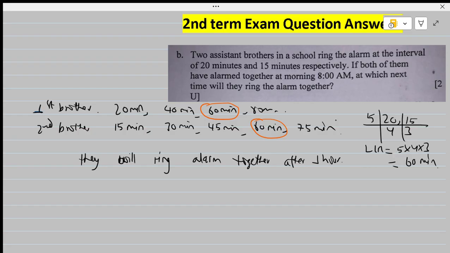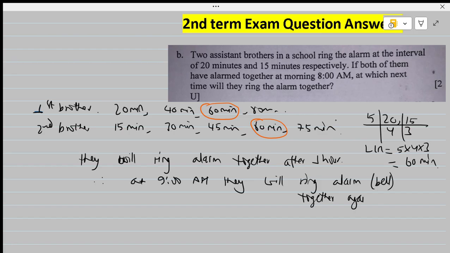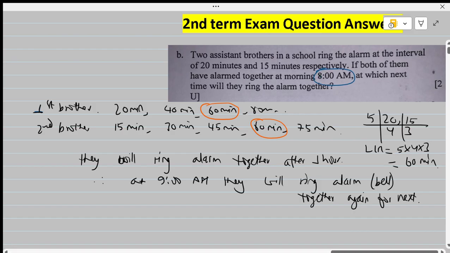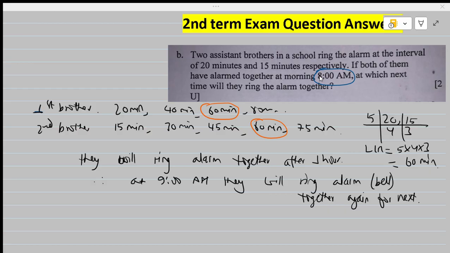So the next time is what? 9 a.m. Therefore at 9 a.m. they will ring the alarm or bell, you may say, together again. Okay, so I may finish with this number 15.